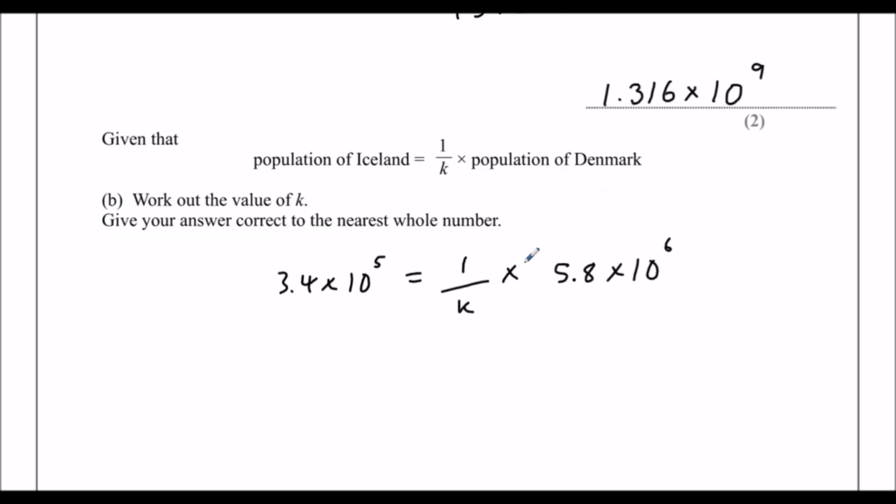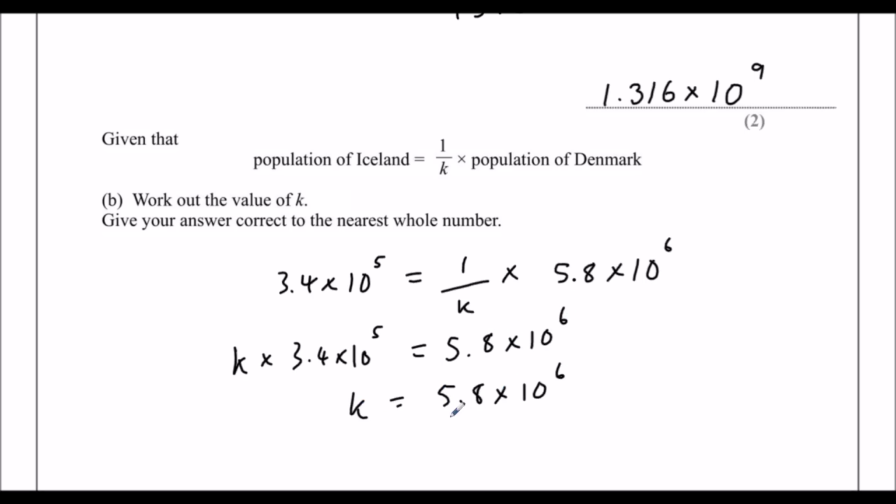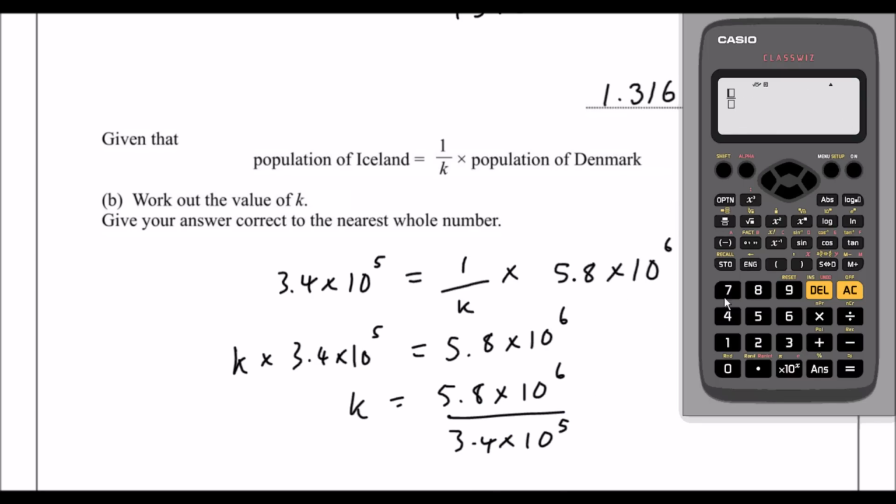So to find K, so K times the population of Iceland is equal to the population of Denmark. To find K, it's the population of Denmark divided by the population of Iceland. And again, we can just use the standard form button.